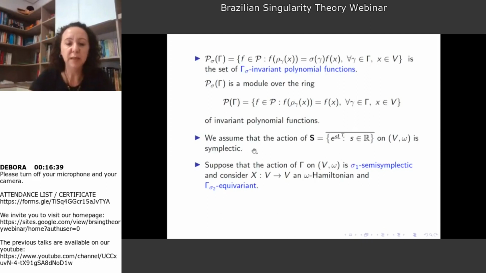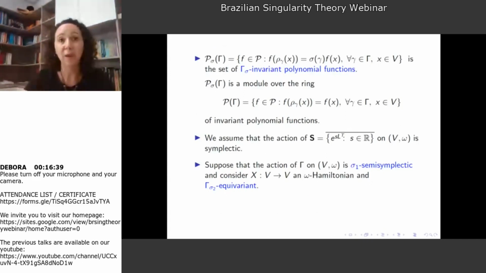We need to assume in our case that the action of S is symplectic, because when we have a classical canonical symplectic space where we have the matrix J, the action of this group is symplectic. We don't have another possibility.